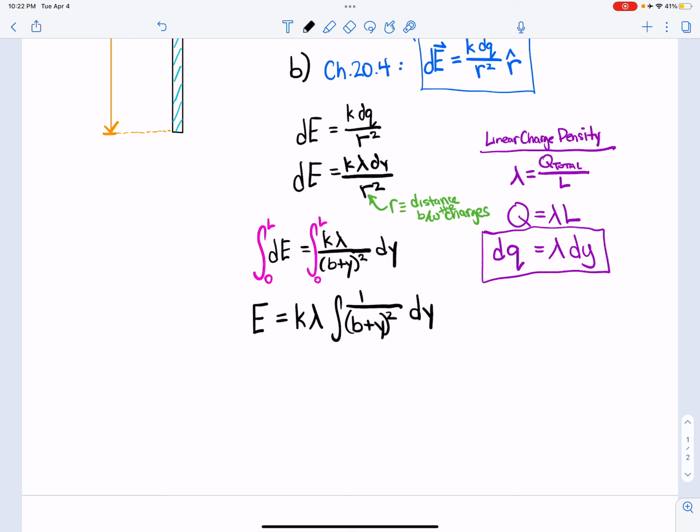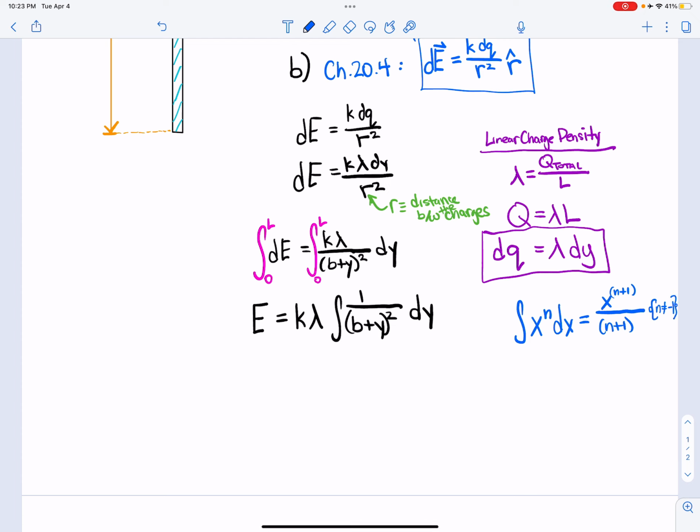So in order to get the integral of this, I'm going to remember the integration rule. The integral of x to the n power dx is equal to x to the power of n plus 1, divided by n plus 1, as long as n doesn't equal -1.